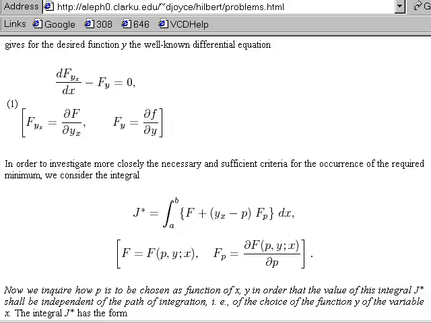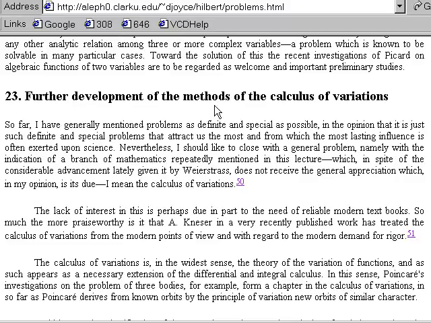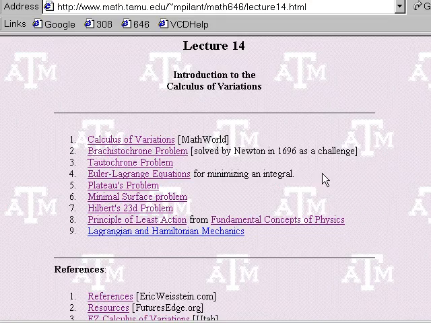Okay, so further developments of the methods of calculus of variations is number 23 on Hilbert's problem list. So that's a historical. Now in physics, this is where it really gets interesting.